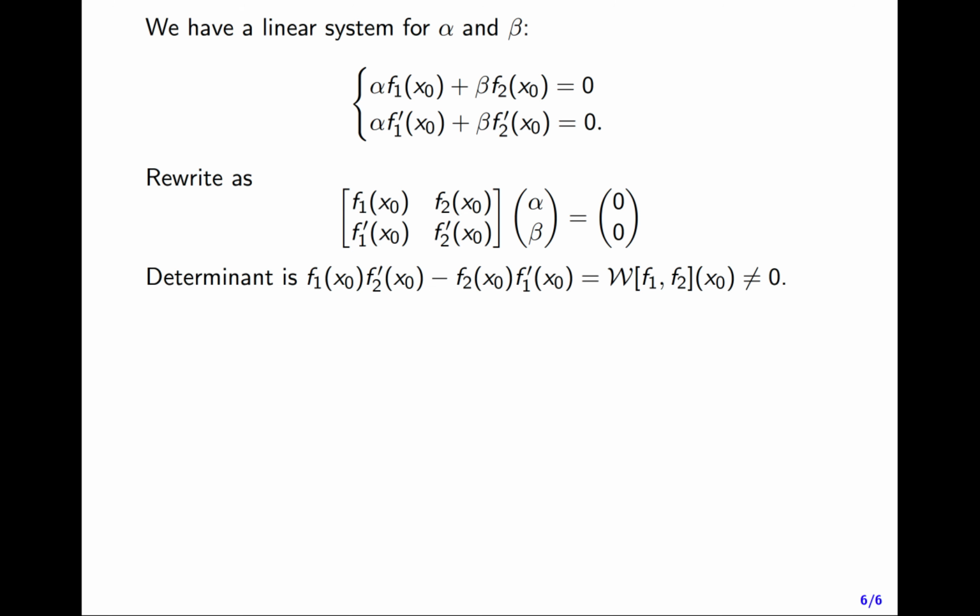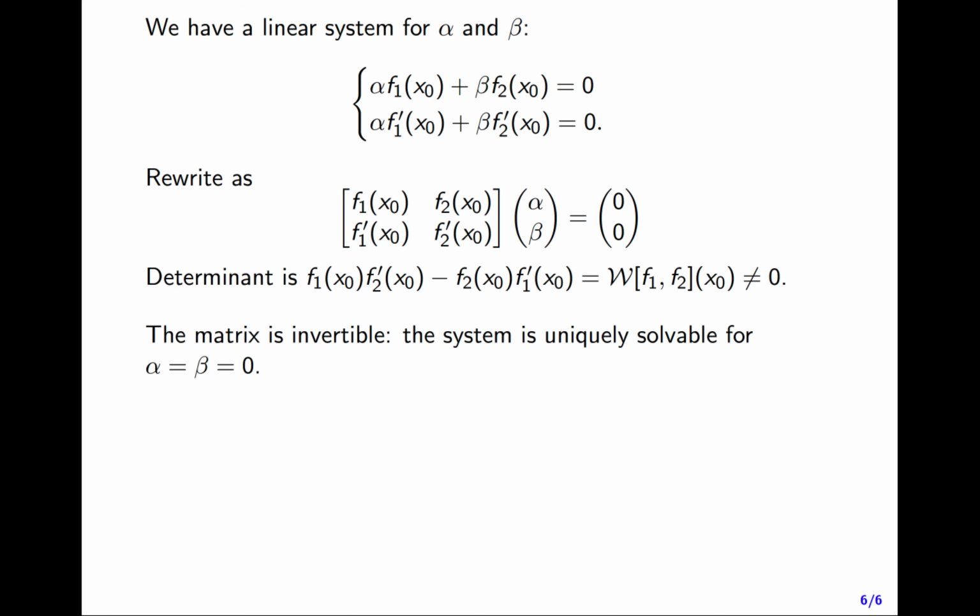And what is the determinant of this matrix? It's just f1 of x0 times f2 prime of x0, minus f2 of x0 times f1 prime of x0. That is the Wronskian of f1 and f2 at x0, and I assumed that this Wronskian was non-zero. So my determinant is non-zero, the matrix is invertible, and I can uniquely solve for alpha equals beta equals 0.